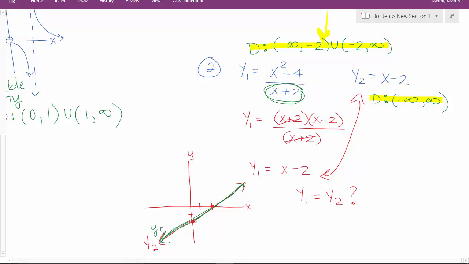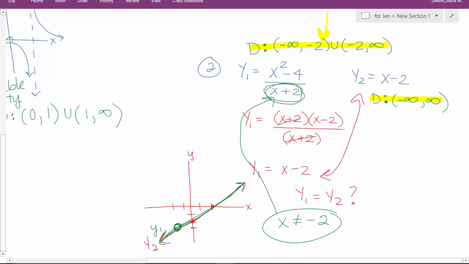But if you look at the table of values, or if you actually zoom in surrounding the discontinuity, x cannot equal negative 2. Remember we said that from above or from the domain. So if I physically take a look at negative 2, on the y1, the green line, I have a hole.